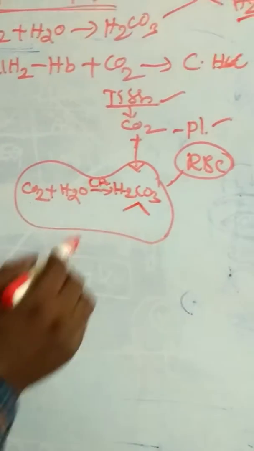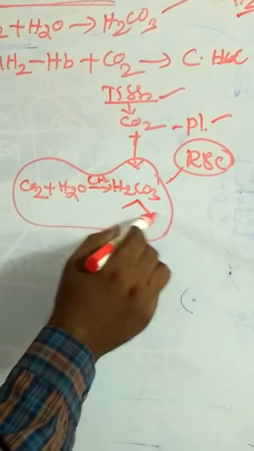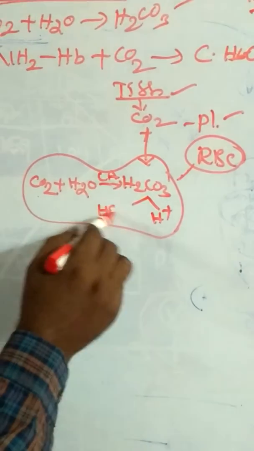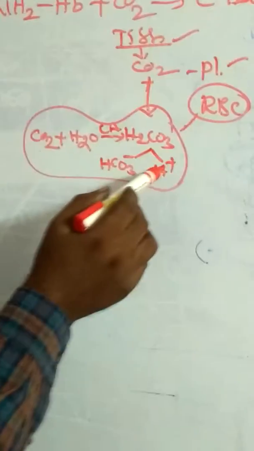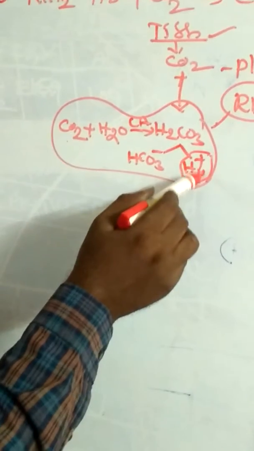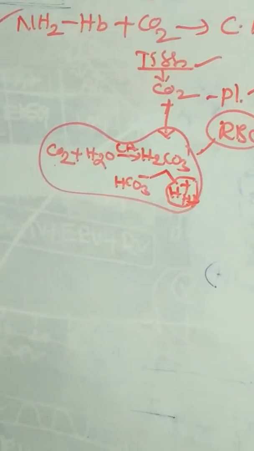Immediately, this H2CO3 dissociates into H plus and HCO3 minus. This H plus combines with hemoglobin and forms HHb in the RBC.